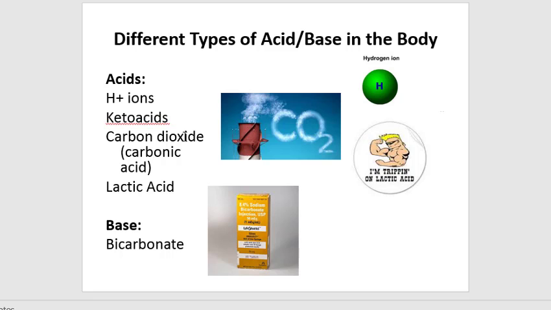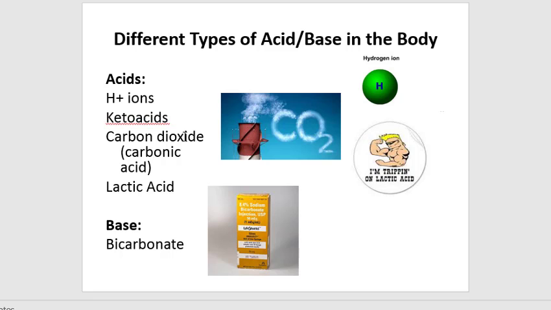Lactic acid is something that builds up when your body tries to do its Krebs cycle and create energy without oxygen. If you have somebody in a hypoxemic state, their lactic acid can build up because their cells will continue to try to make energy, but they will try to do it without using oxygen.